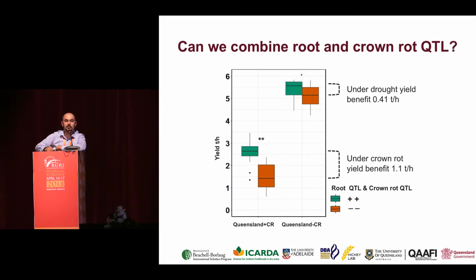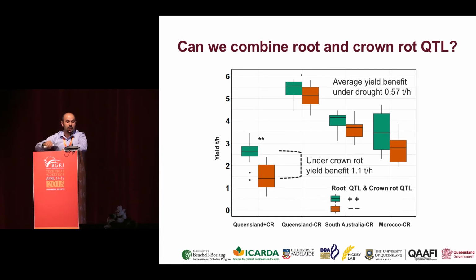And when we looked under drought conditions, again in the same station, we found a difference in yield of up to 0.41 tons per hectare. And then we looked further in environments in South Australia and also here in Morocco, and we found a similar trend.